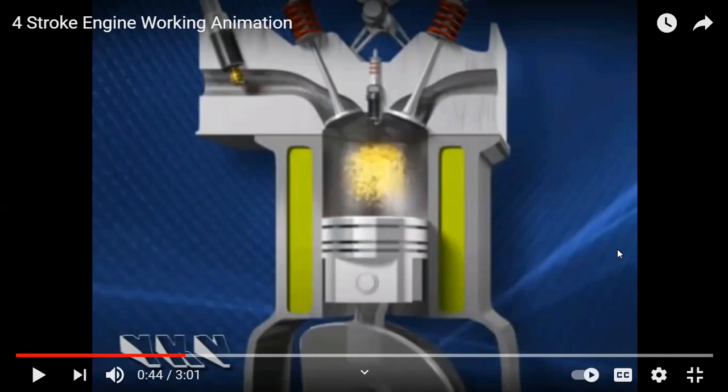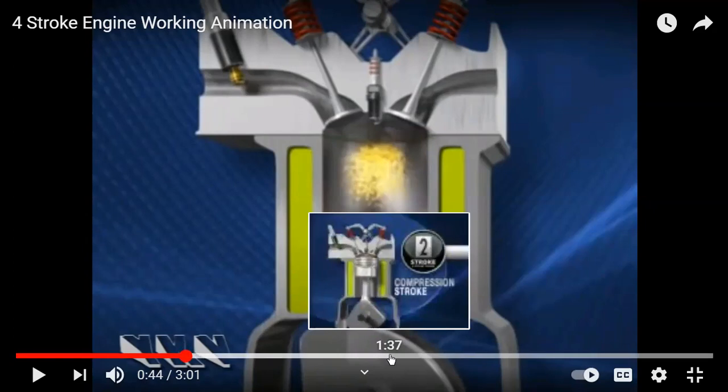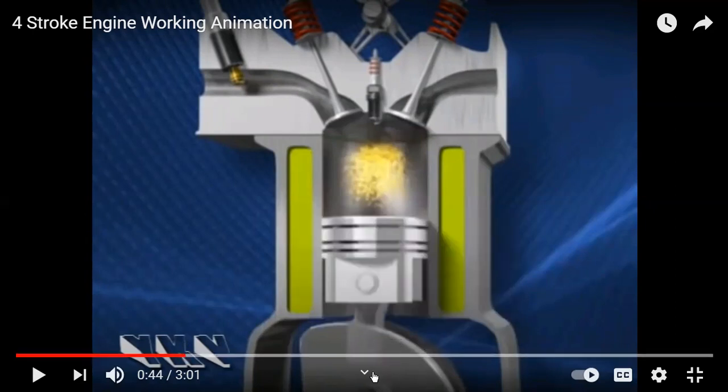The 4-stroke engine has 4 strokes. The first one was the expansion stroke, then the compression, then the power stroke, then the exhaust stroke. So for each stroke there is a 180-degree rotation of the crankshaft, and one cycle consists of 2 strokes, and 4 strokes are covered in 2 cycles, that is the 720-degree rotation of this crankshaft.